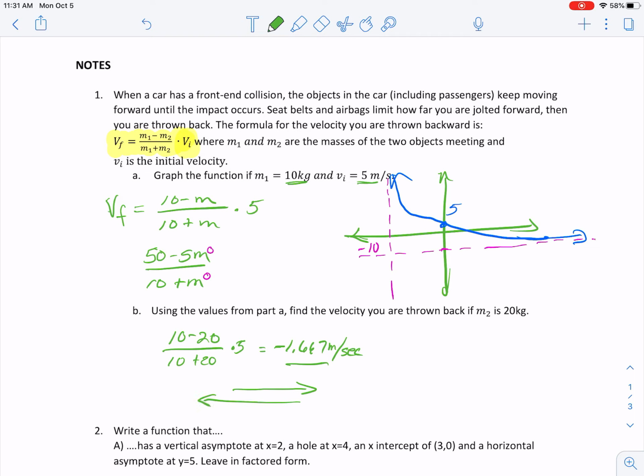All right, let's talk about these asymptotes also in a reasonable domain. My domain is negative 10 to infinity, but truthfully, does that make sense? Can you have negative weight? No. So probably from here forward. And that makes sense because if your mass is negative 10, it's 20 over 0, so it doesn't make sense.